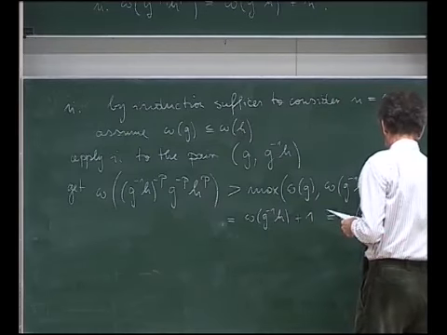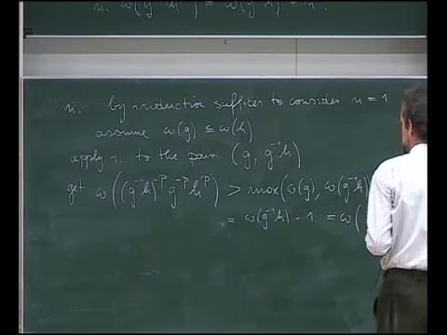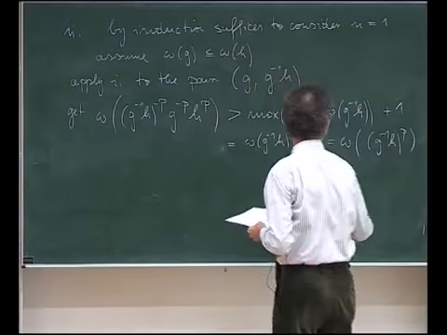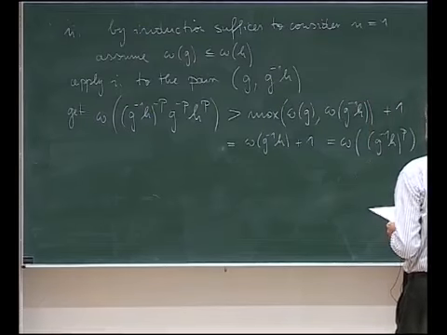So this is omega of g minus 1 h plus 1, which is omega of g minus 1 h to the p.